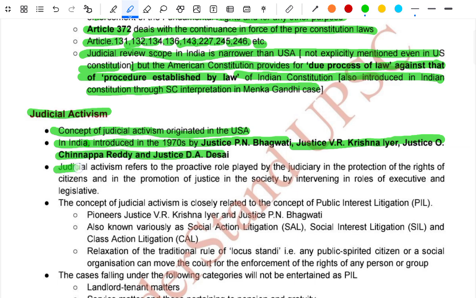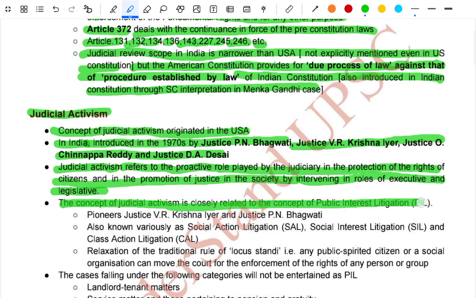Judicial activism refers to the proactive role played by the judiciary in the protection of the rights of citizens and the promotion of justice in society by interpreting the roles of the executive and the legislature. The concept of judicial activism is closely related to the concept of public interest litigation, PIL.